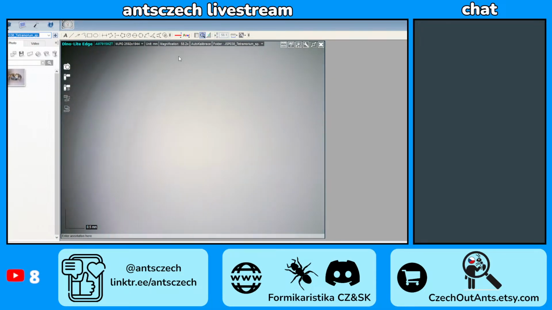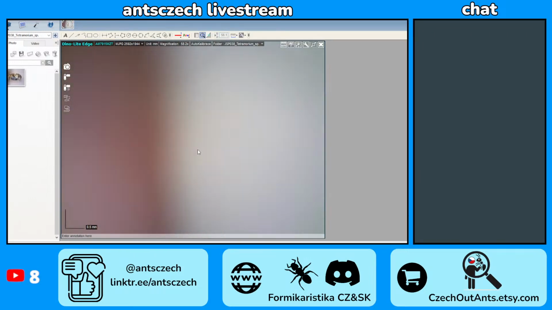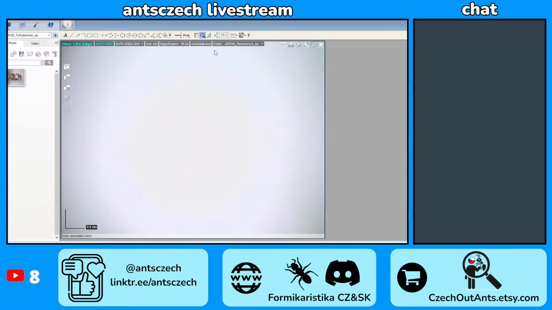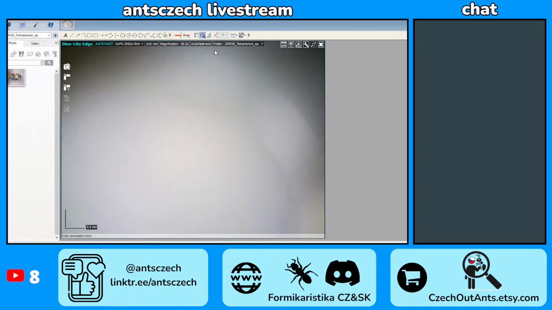That's a cheap one, and it doesn't have a super advanced tool like this one. It doesn't have automatic calibration and stuff, because this one is pretty advanced, but still the camera is only 5 megapixels, and the light quality this camera can capture at low magnification is super bad.